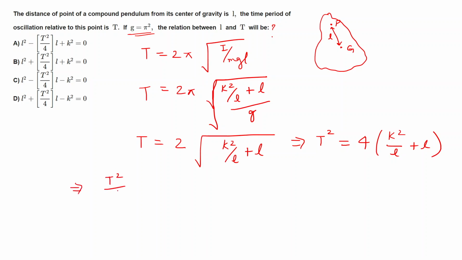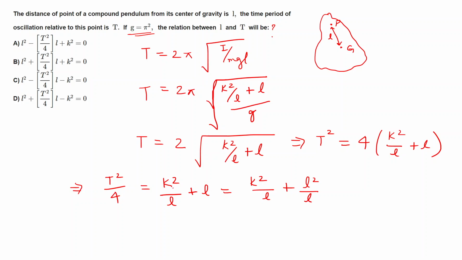t square by 4, I'll take it here in the denominator, then I'll get k square by l plus l. Now I'll rewrite this as k square by l plus l square by l, right?